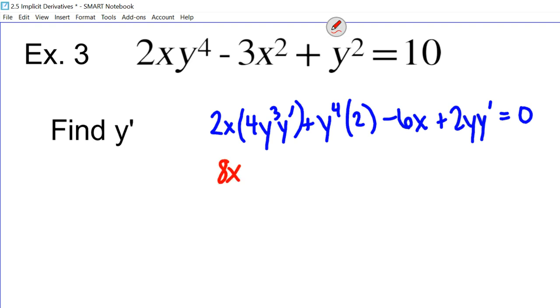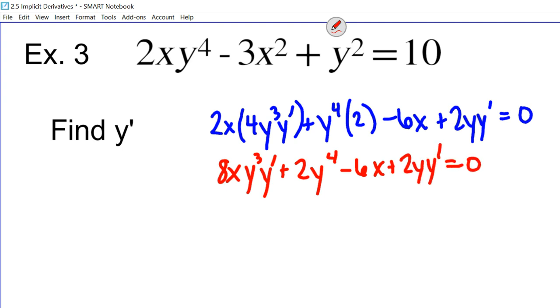Today you will want to simplify at least a little bit. Oh, we have to do the derivative of 10, which is 0. Yes, even on the equal side, we still have to do that derivative.